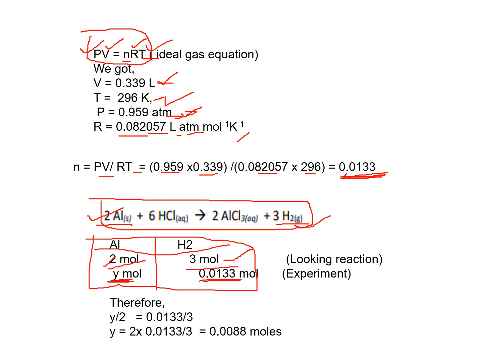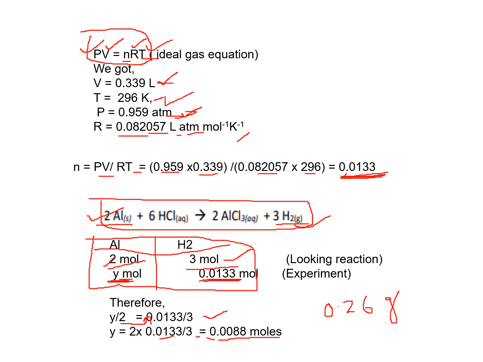Now this 2 goes to the other side and gets multiplied there. So 2 multiplied by 0.0133 by 3 gives you 0.0088 moles, meaning that you were getting 0.26 gram of aluminum.